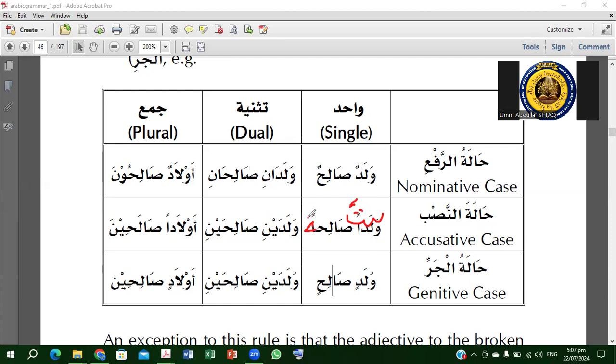You make it feminine because bint means daughter or girl. So if it is a girl, this also should be feminine. How do you make it feminine? By adding a ta at the end. Bintun salihatun, the pious girl. So it should match in gender, in number, in everything. Okay, let's move next.